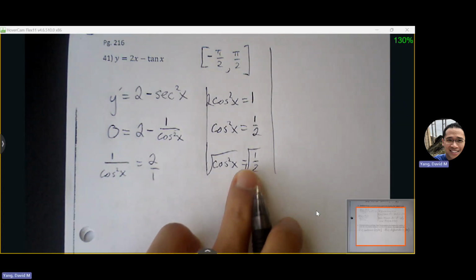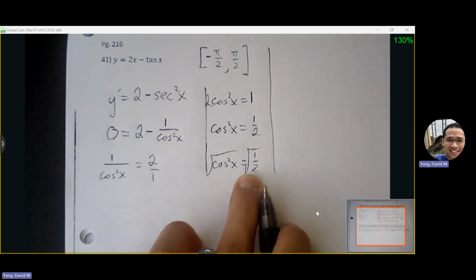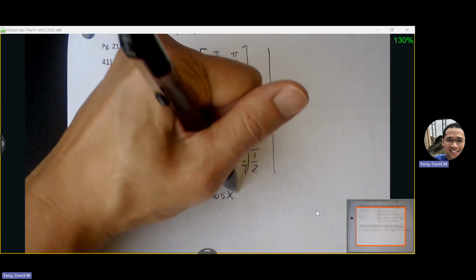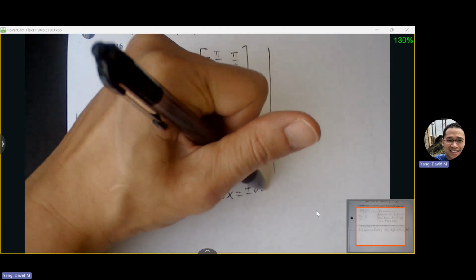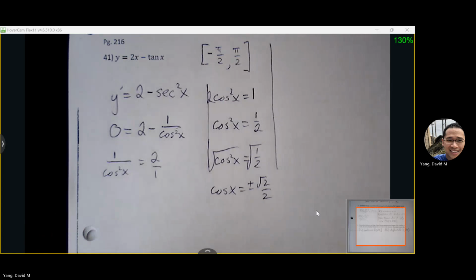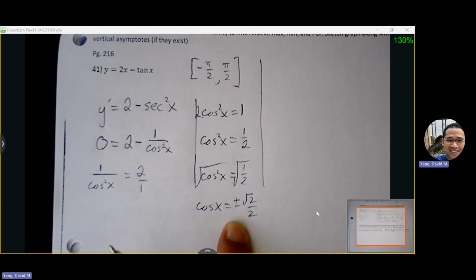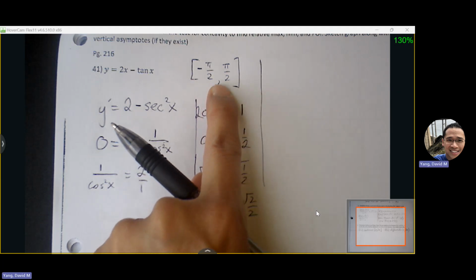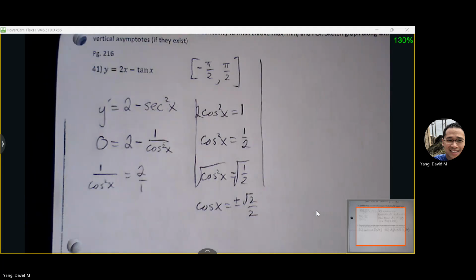I take the square root: 1 over root 2, the same thing as root 2 over 2. So we're looking for where cosine is equal to plus or minus root 2 over 2. We know it's going to be that pi over 4 family, but we only want what lands between negative pi over 2 and pi over 2. So pi over 4 and negative pi over 4.